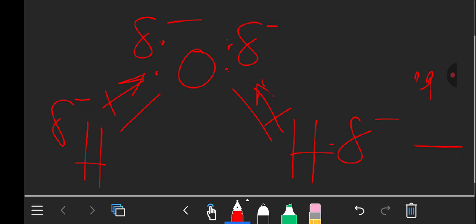Okay, so let's understand something which is known as dipole. Dipole is simply the separation of charge in a molecule. So when these two get bonded, because electrons are pulled much to the oxygen atom, oxygen develops a partial negative charge. Then the two hydrogens develop a partial positive charge.